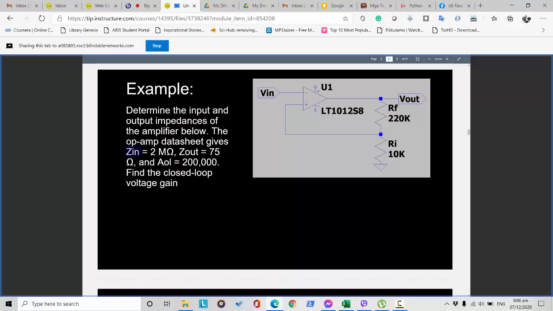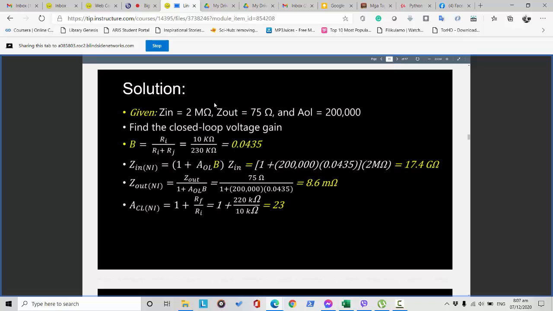I told you that usually this one is given, the input impedance, and we also have an output impedance of 75 ohms. The input impedance is 2 mega ohms, and we also have an open loop gain of 200,000. We are asked to find the closed loop voltage gain. So how do we solve for that? This is the solution.